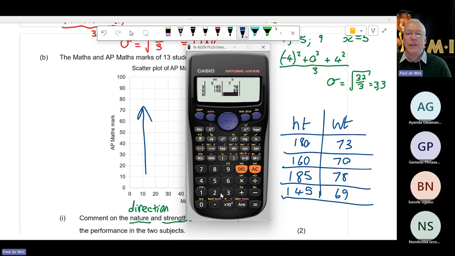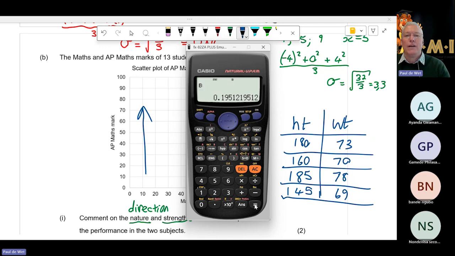There's no opportunity to show any working here, so it's very, very important that you put the data into your calculator. Now you go shift stat, and you're going to go for 5, which is regression. And you're going to get 3 things: A, B, and r. So A is 39.8.